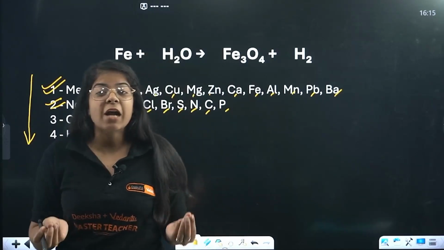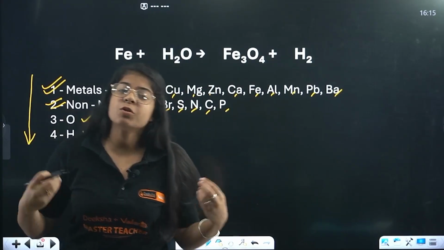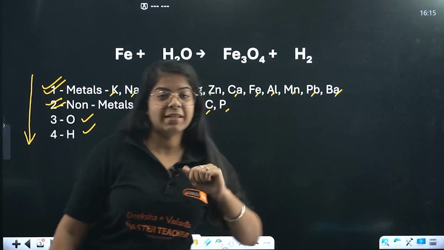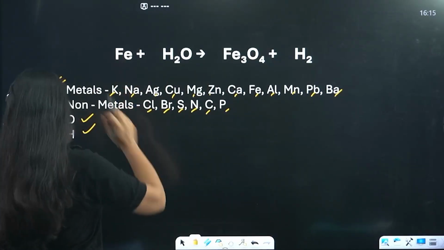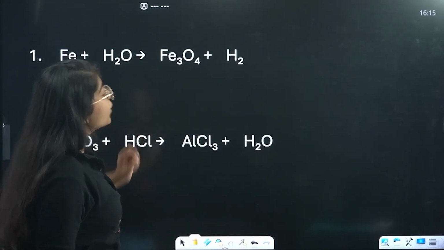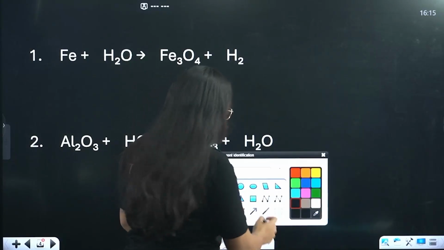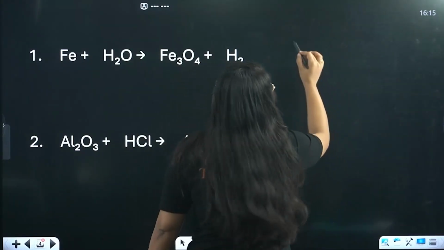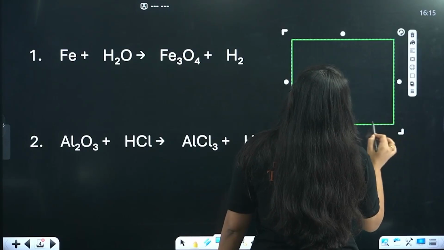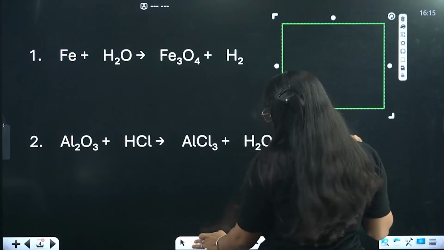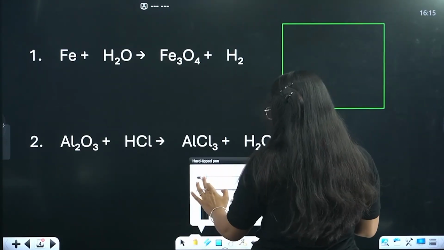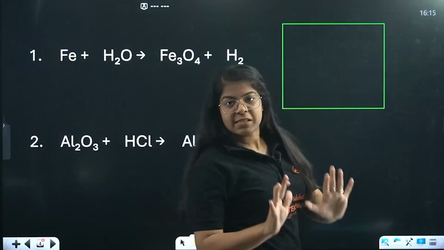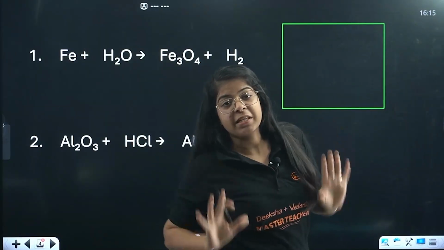Now let's give you one example, the same chemical equation. What you have to do is make a table. Write down all the elements present in our chemical equation.